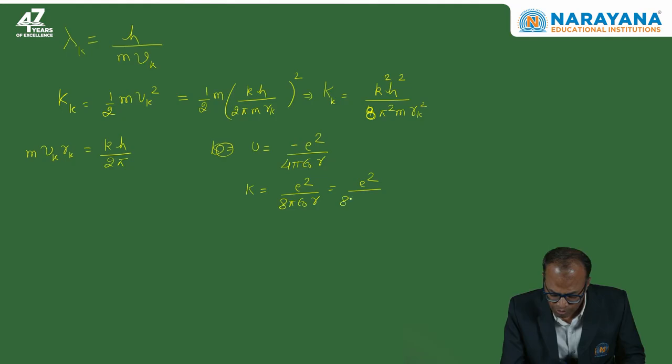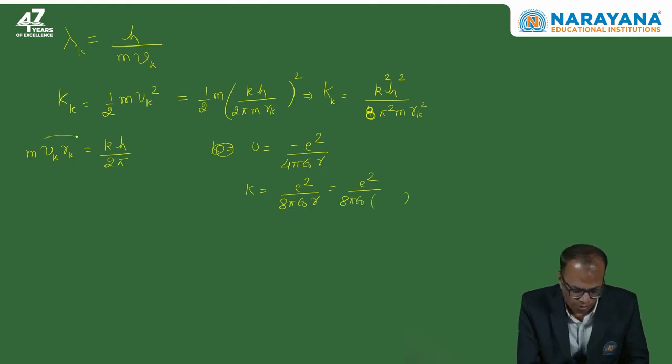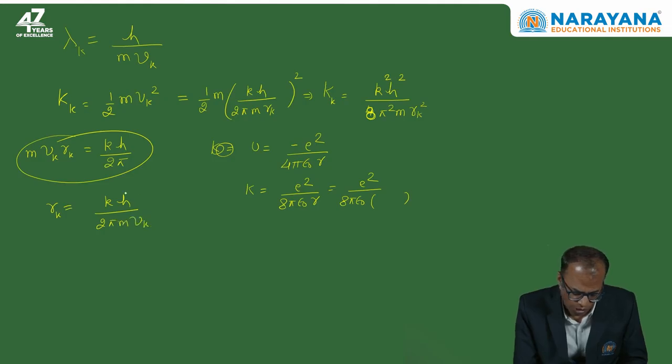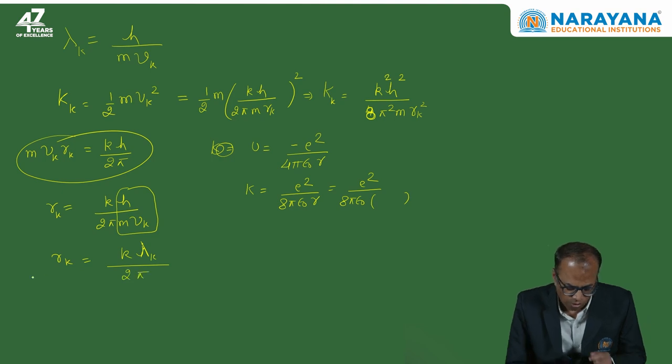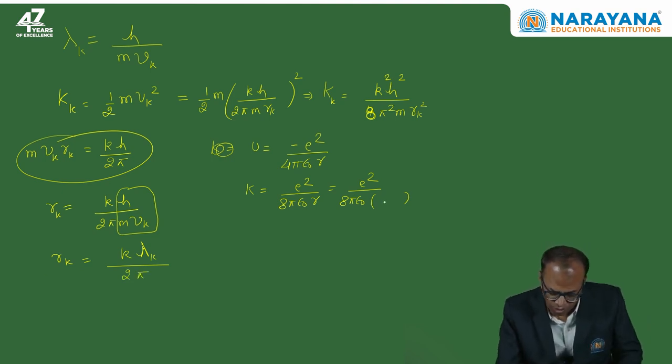R can be replaced using mvr is equal to kh by 2 pi. So R will be replaced by kh by 2 pi m vk, and in fact h by mv is de Broglie wavelength. So it is k times the de Broglie wavelength lambda k divided by 2 pi, and r I will replace with k times lambda by 2 pi.